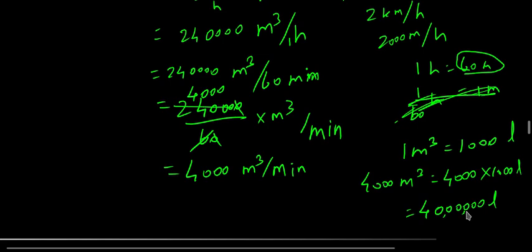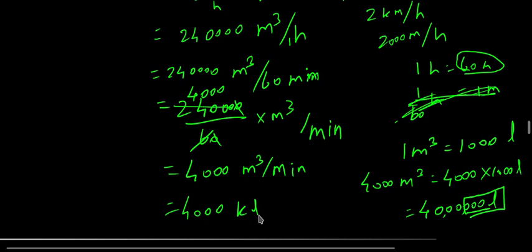So if we take 3 zeros, we will get in kiloliter. 1000 liter equal to 1 kiloliter, no? So this 3 zeros if we leave, the remaining will be 4,000.